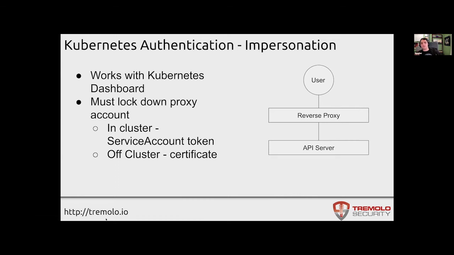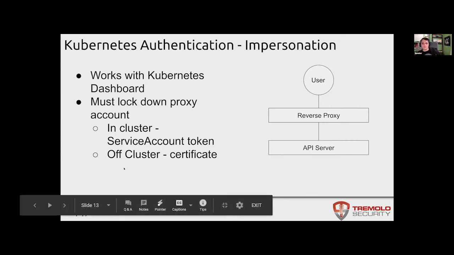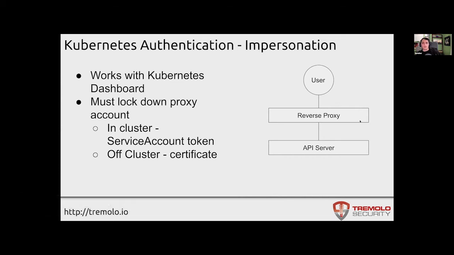Here's the trick with this. This reverse proxy here is now a privileged account. And so in cluster, use a service account. Just be really careful who has access to that service account. Out of cluster, I would probably go with a certificate here.